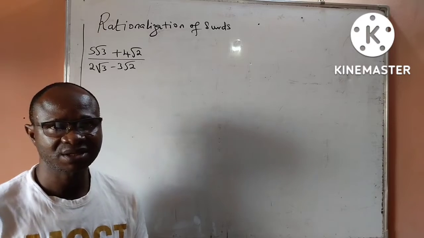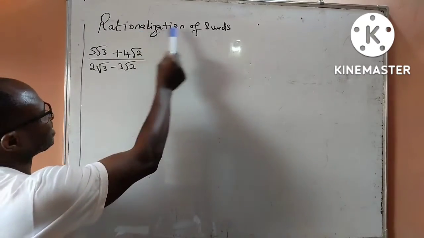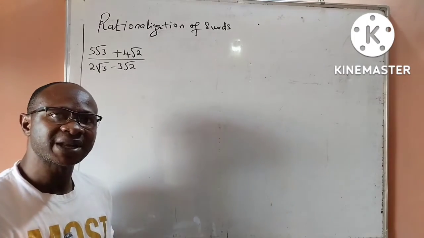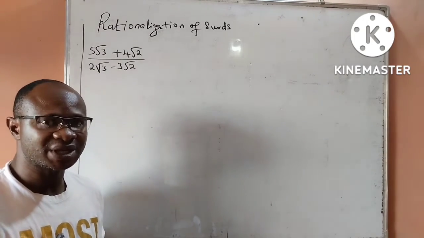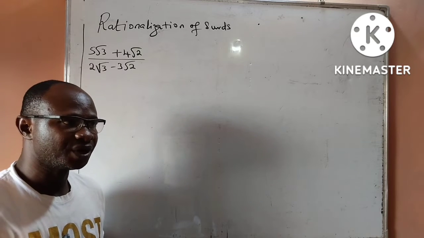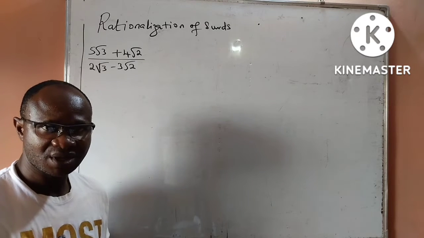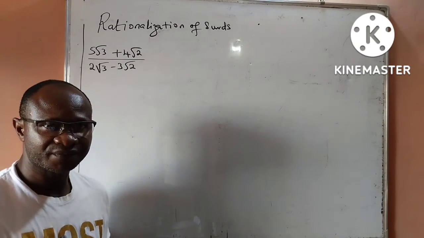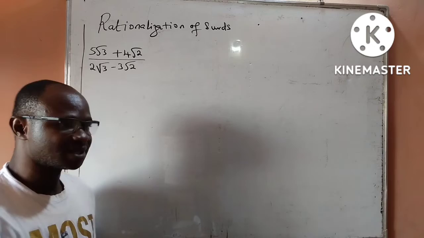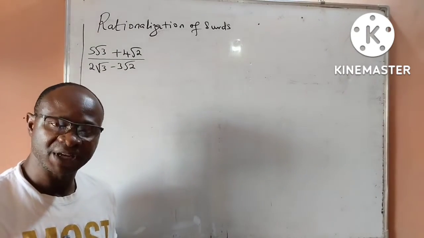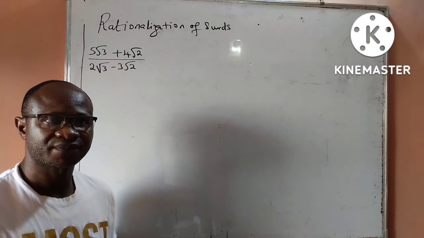In today's class, our topic is rationalization of surds. And this is supposed to be the fourth lesson in surds that we are having. In the first lesson, we did the introduction of surds, and we took it up to addition and subtraction of surds. In the second lesson, we also worked on multiplication and division of surds.